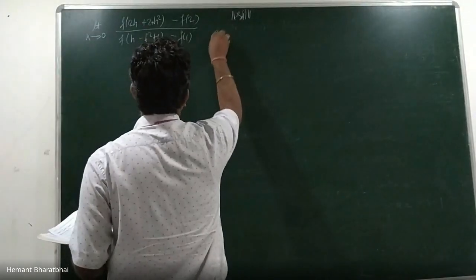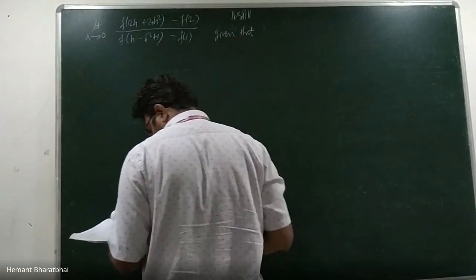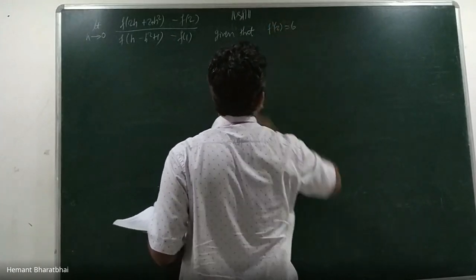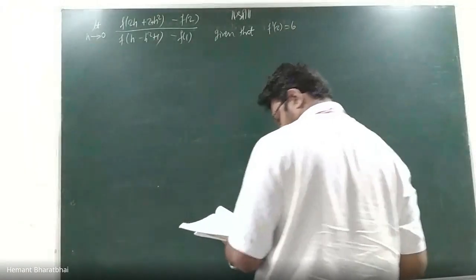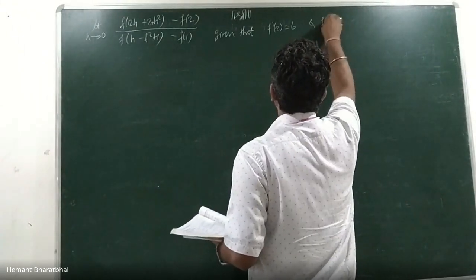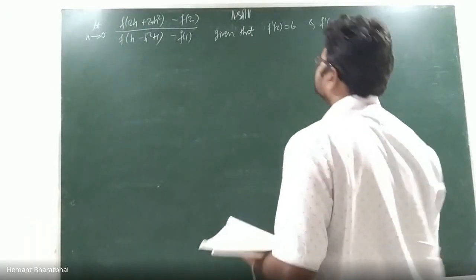Given that f dash of 2 is equal to 6 and f dash of 1 is equal to 4.